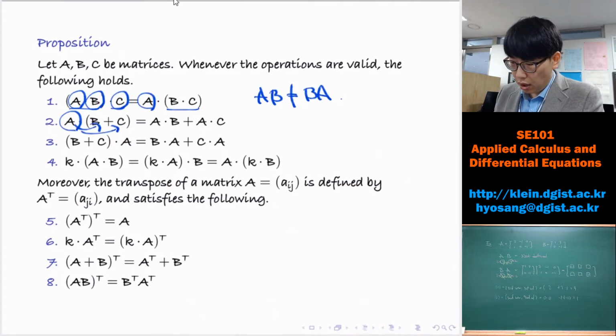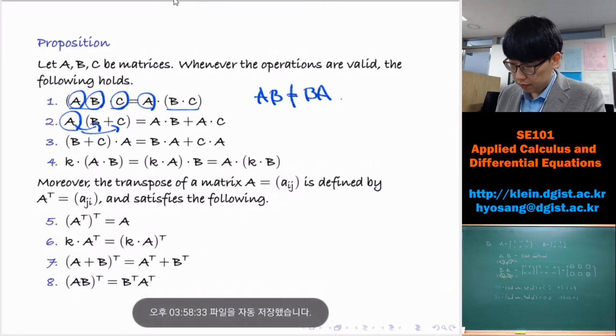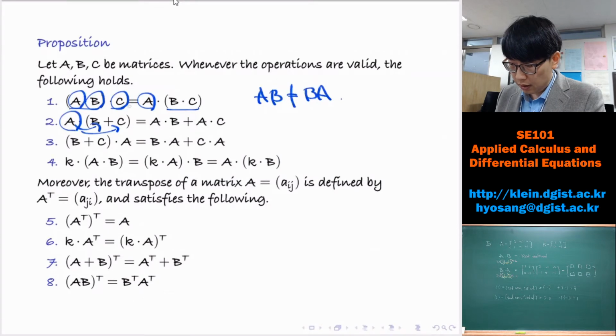And when I talk about this multiplication of addition, I'm talking about with the assumption that this multiplication is possible. So when I take the A, B, C multiplication, I'm saying that the sizes of matrix A, matrix B and matrix C are all defined so that this multiplication is definable.